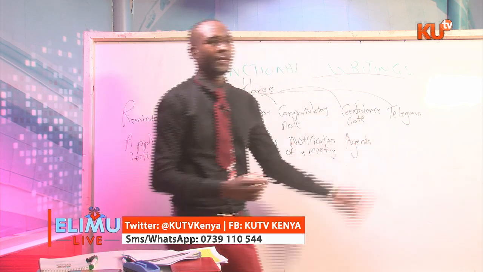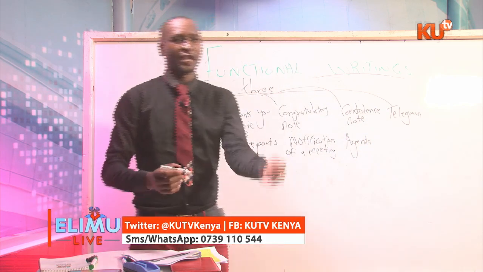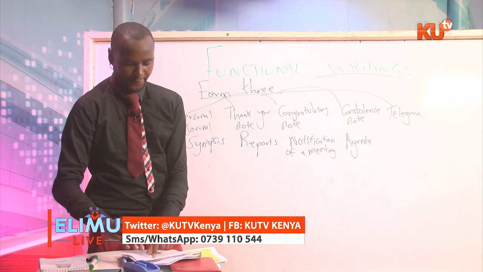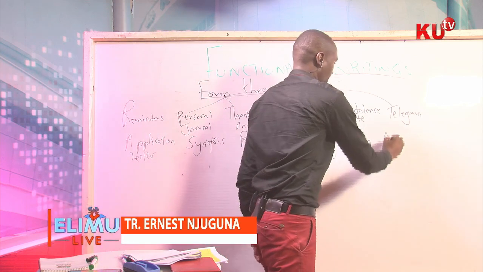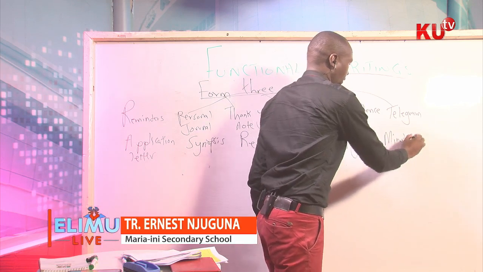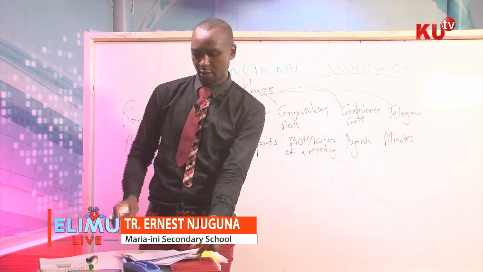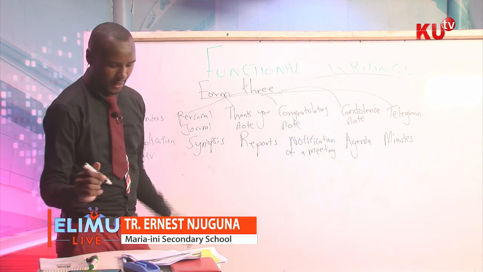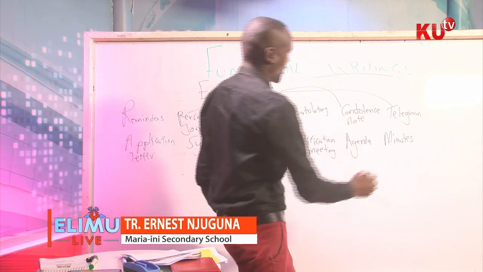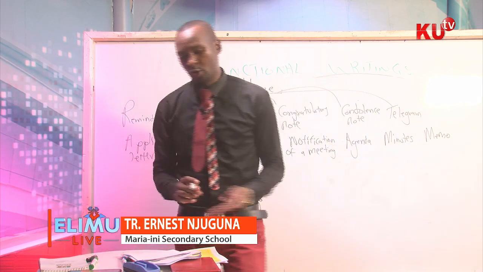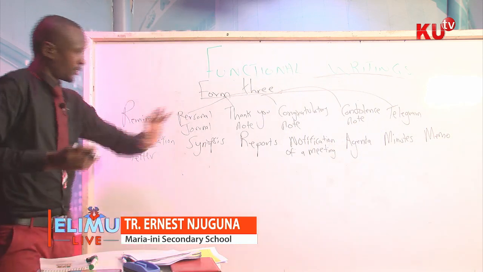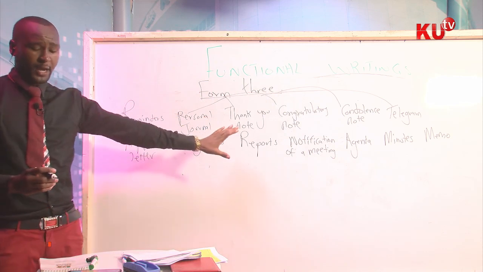Agenda, these are simply the things that will be discussed in the meeting. And then after you have the meeting, you come to the minutes. Minutes, these are written during the meeting. Again, that is Form 3 work. And finally in Form 3, we have the internal memo.